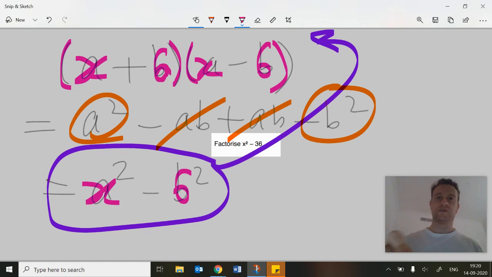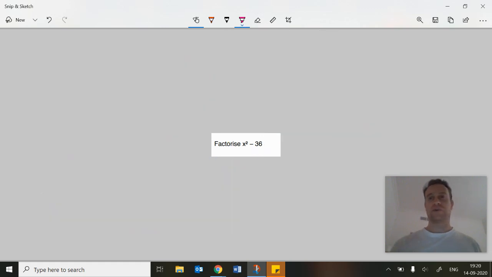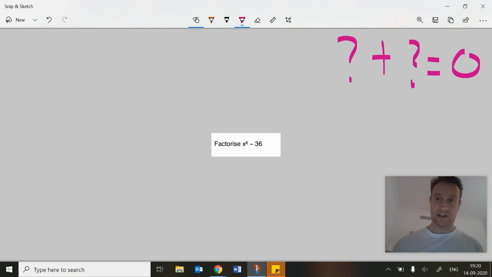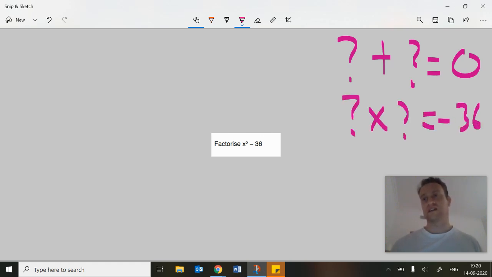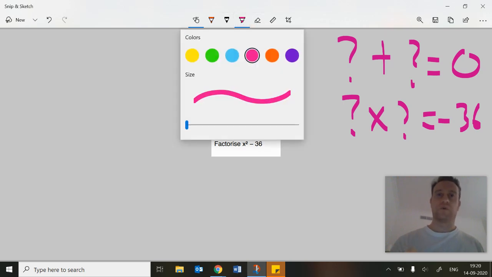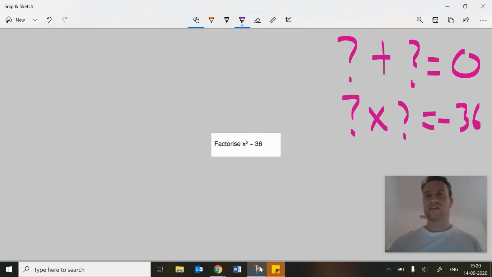Now, you can still do this by the puzzle format if you don't like what I've done there. What two numbers add together to give the middle term, which doesn't exist, no lots of x, and what two numbers times together to give us minus 36? Well, we can see that 6 plus minus 6 works, and 6 times minus 6 works as well.